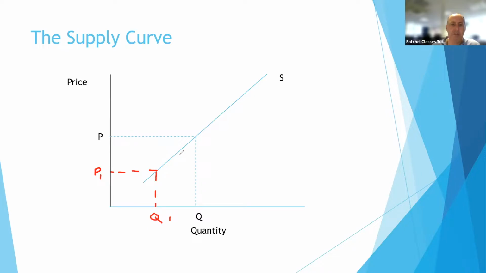So the less efficient ones, the ones that have older equipment, less skilled workers, they will jump into the market as the price rises, because at that point they can still make some money after producing the good. So the lower end here is where the most efficient producers will sit, and at the higher end is the least efficient producers.